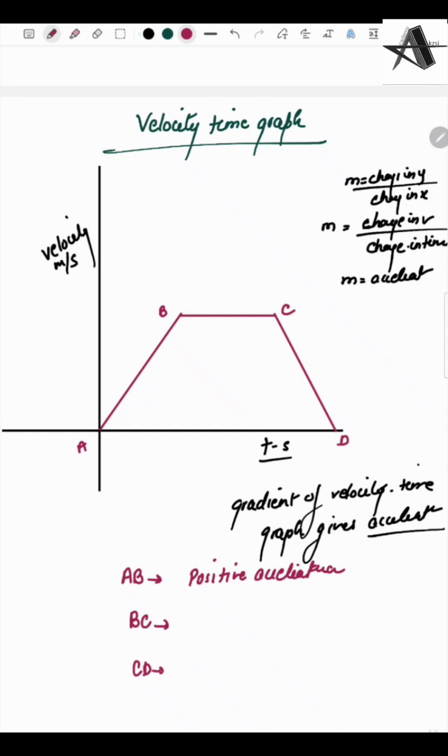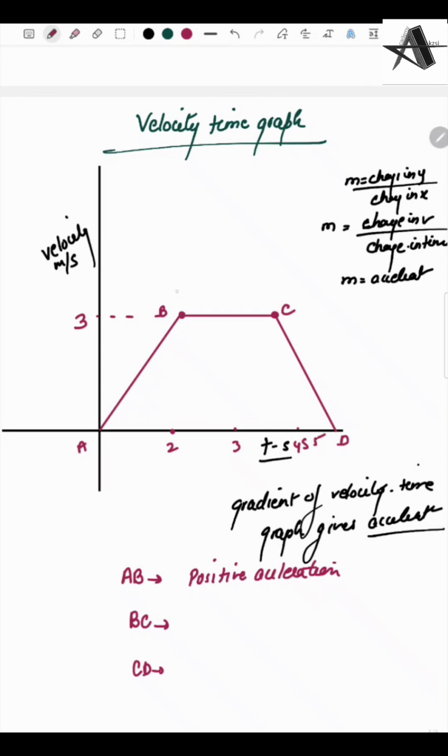Now from B to C, stationary, right? That's the most common mistake. It's not stationary, because if you take this point, suppose this is 3, this is 2, 3, 4, 5.